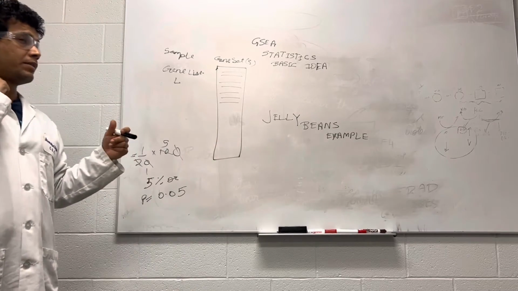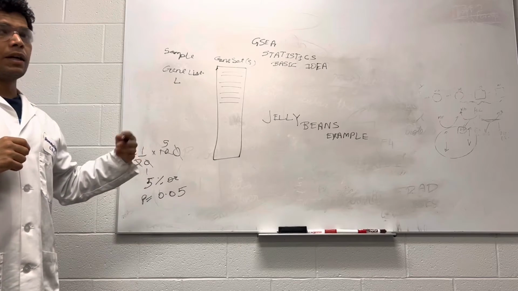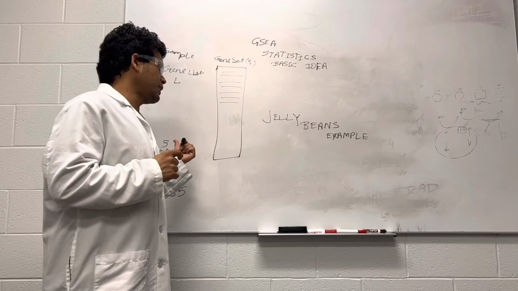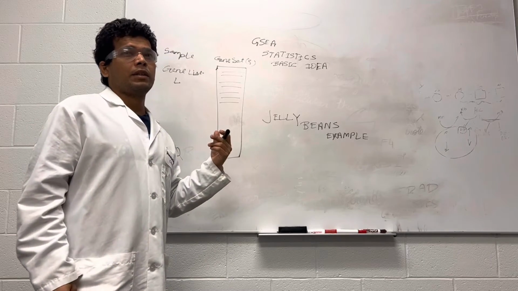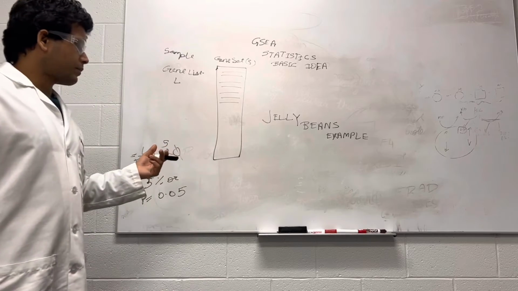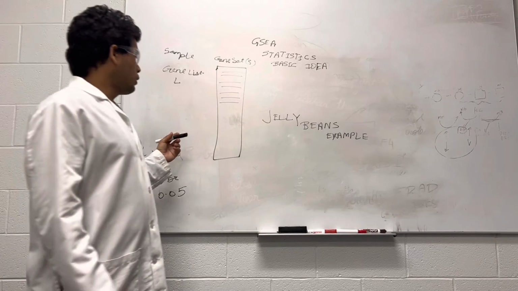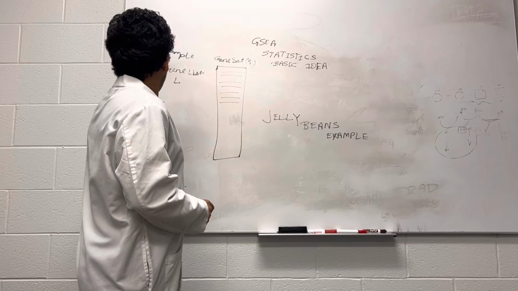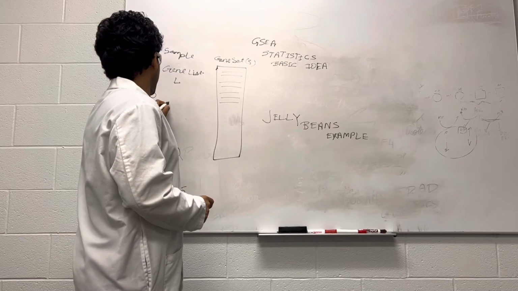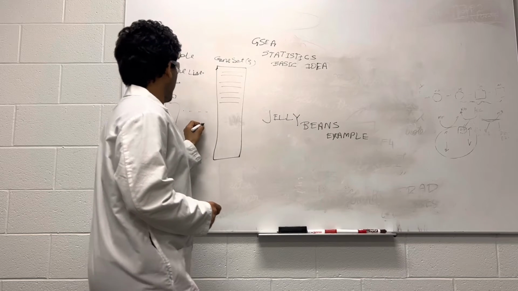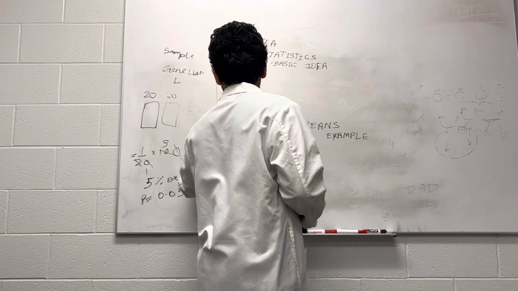That is, several people were provided with green jelly beans, so they now have different sets of data, like 100 sets of 20.